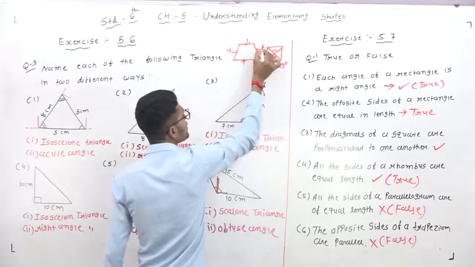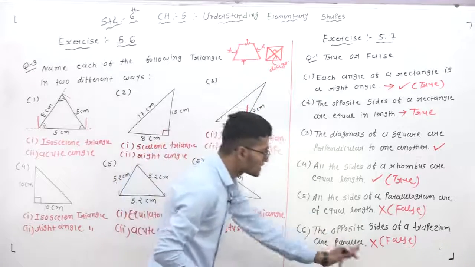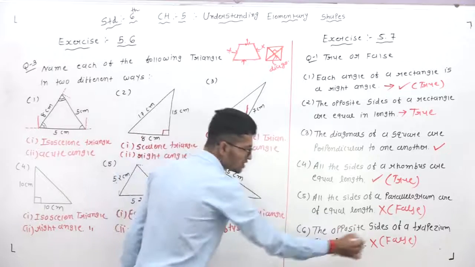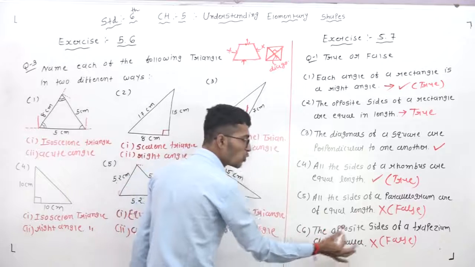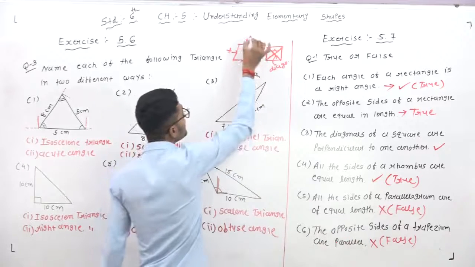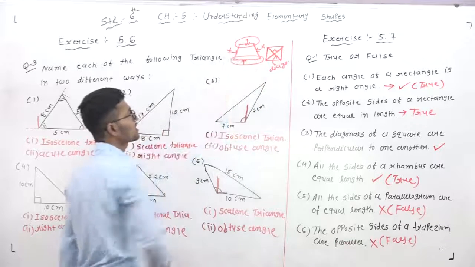These are called non-parallel sides, and these are the parallel ones. So which sides are parallel? It is not classified in this question. Here it is only given that the two opposite sides of a trapezium are parallel. So only these two sides are parallel, and these two sides are not parallel.